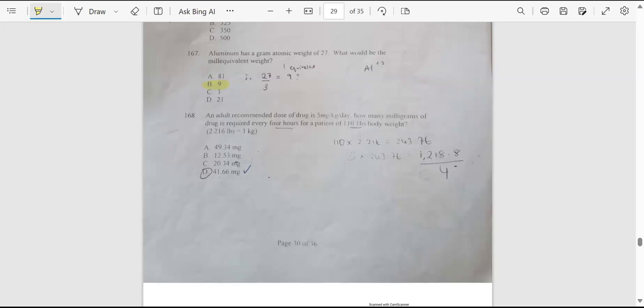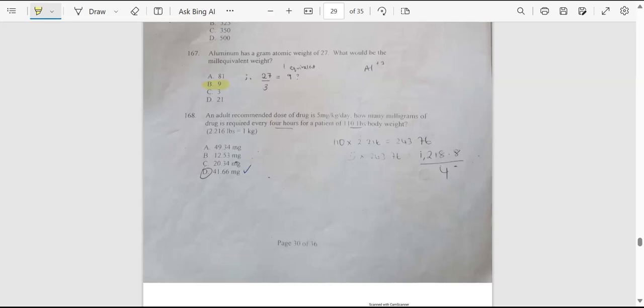And then if it's 5 mg per kg per day, then for every 4 hours, a day divided by 6, so it's 5 divided by 6. So we're giving 0.83 mg per kg every 4 hours.